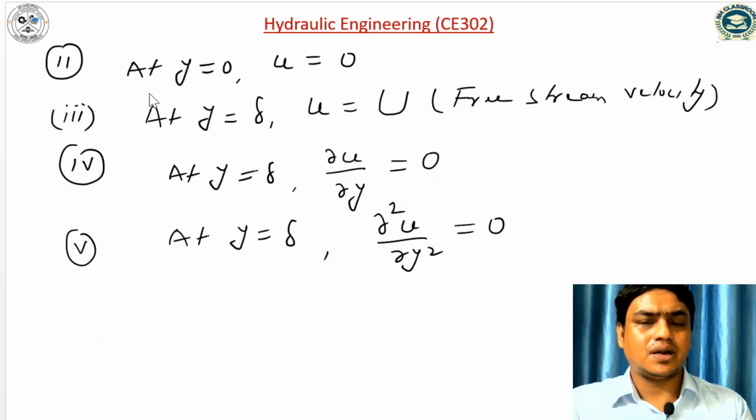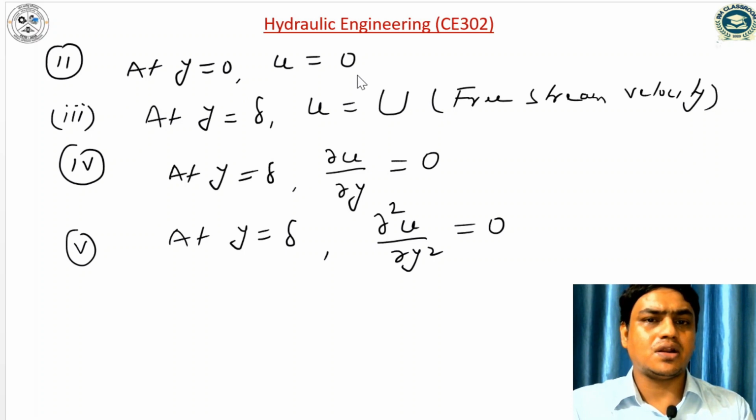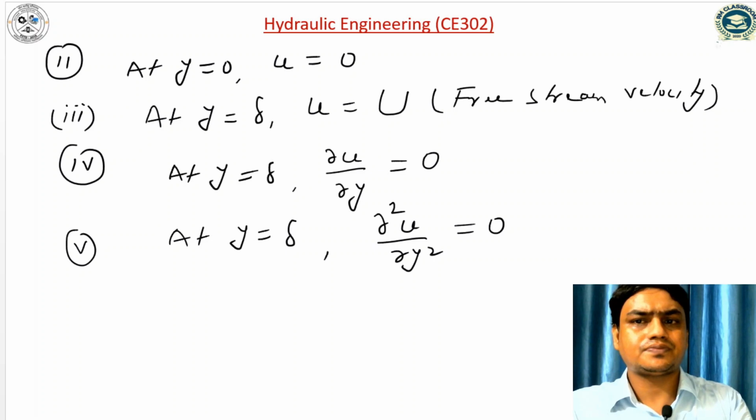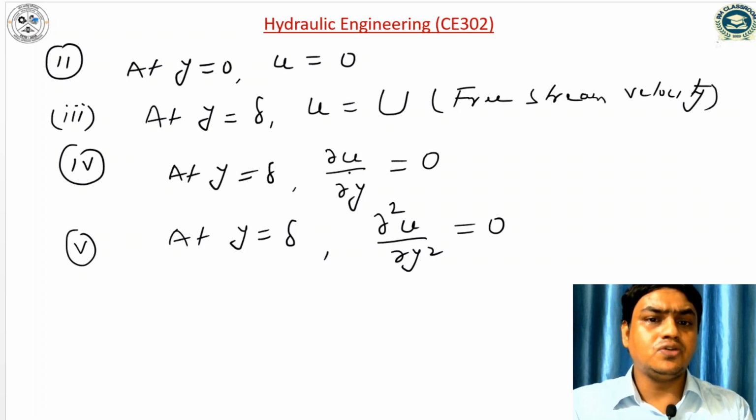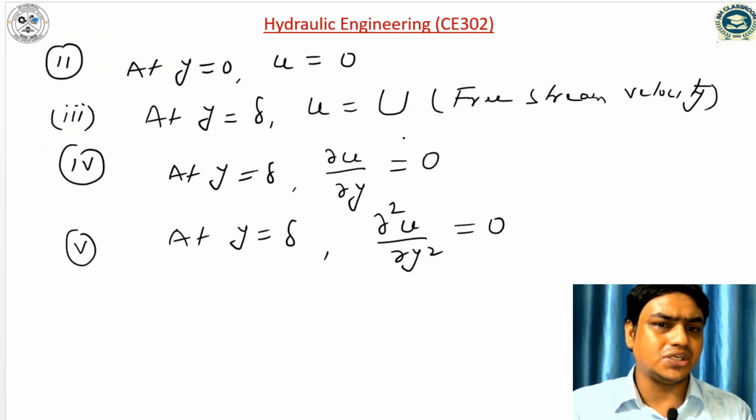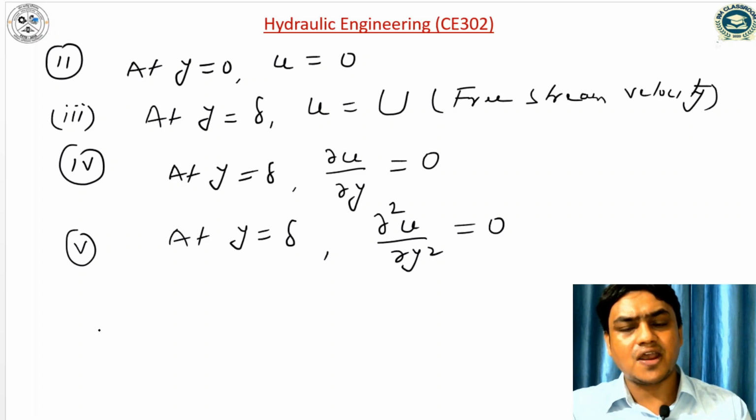Second, at y is equal to 0 our local velocity is equal to 0. At y is equal to delta our local velocity becomes the free stream velocity. Then del u by del y is equal to 0, because after y is equal to delta the velocity is constant, and for the same reason del 2 u by del y square is equal to 0. So these are the 5 boundary conditions we have to remember.